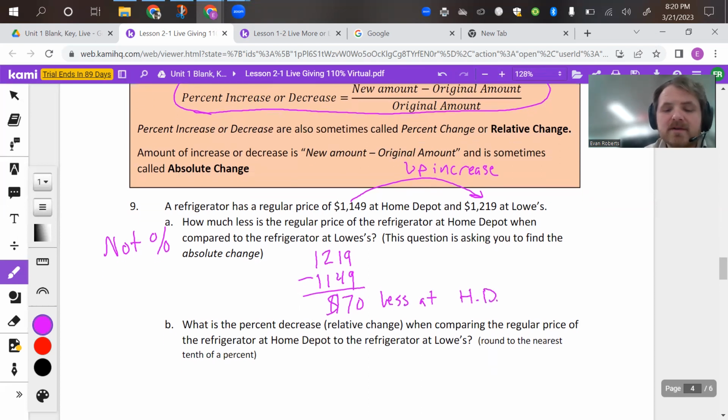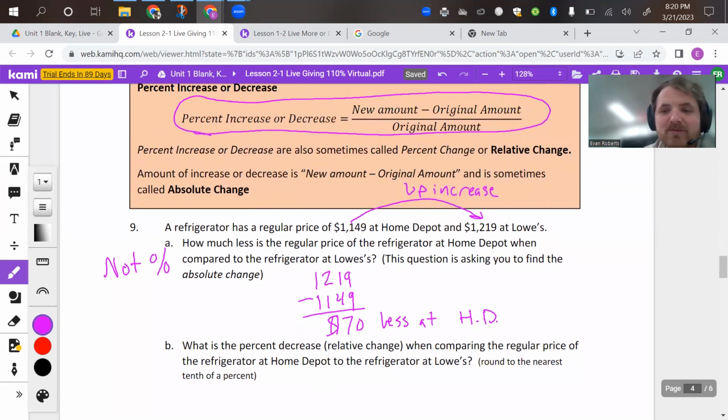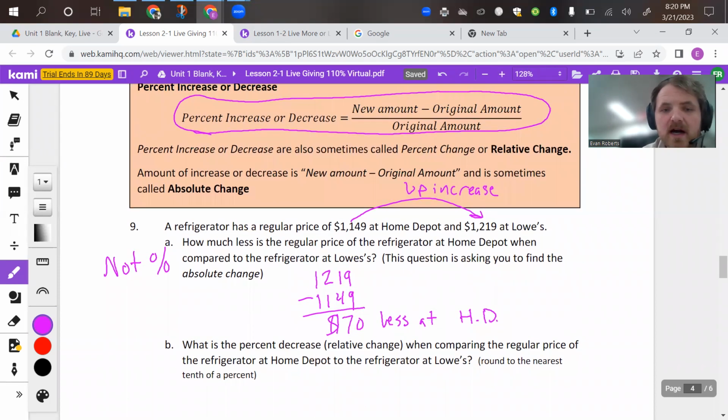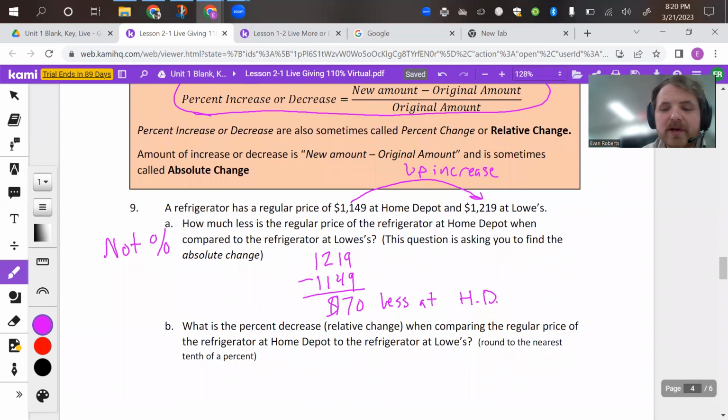Okay. So it says, what is the percent decrease, that relative change, when comparing the regular price of the refrigerator at Home Depot to the refrigerator at Lowe's. So it's looking like this Home Depot, I believe, would be your original. And then the Lowe's would be the new.